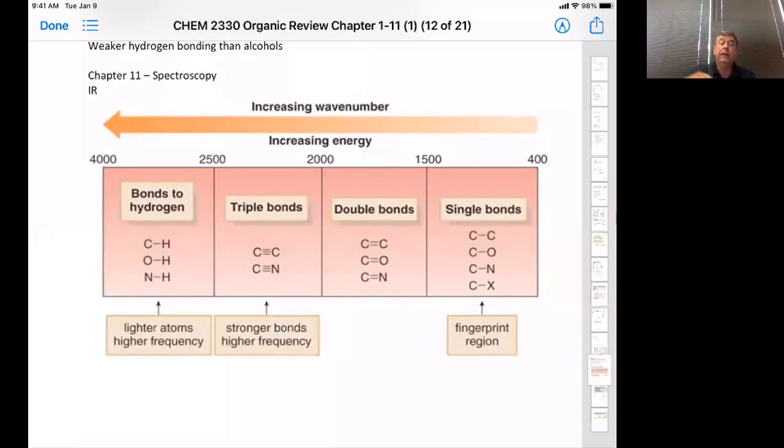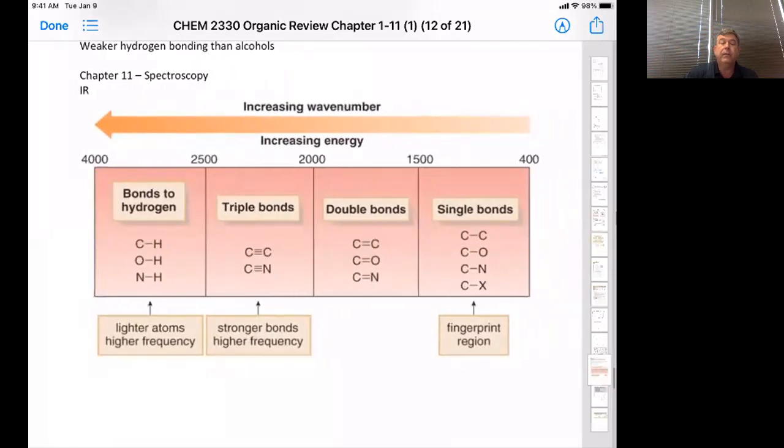And let's say one of your compounds has no peak in the 2,000 to 2,500 range, and one of the choices is an alkyne, you know it can't be the alkyne because it's missing one of the types of bonding in our compound.